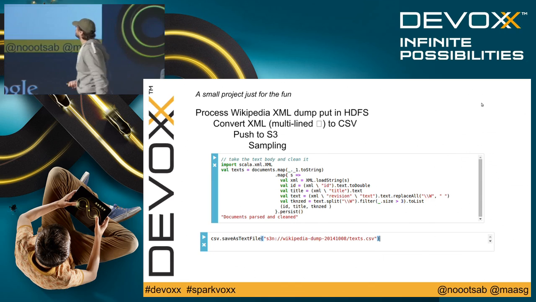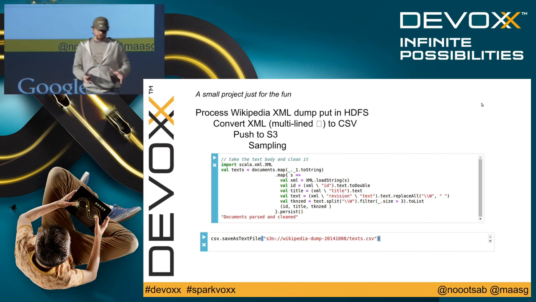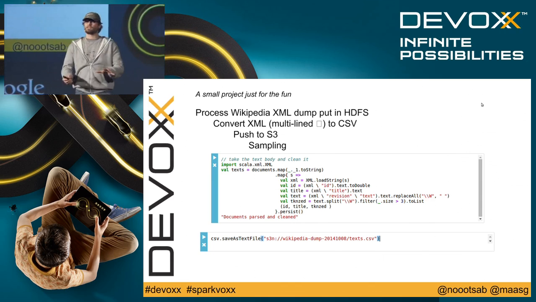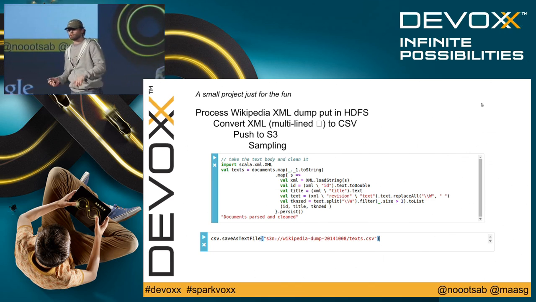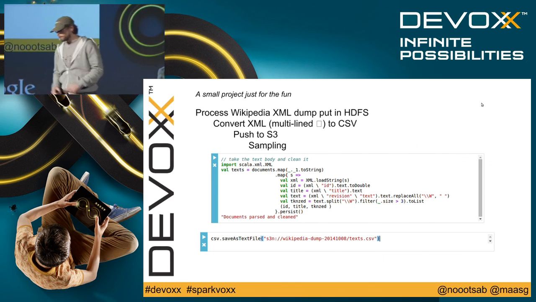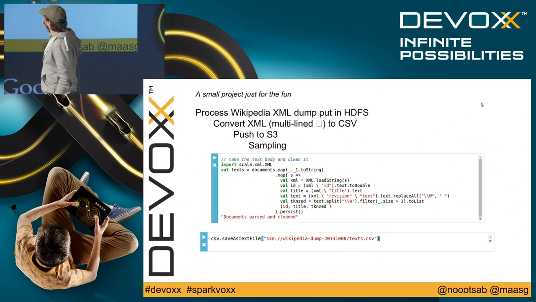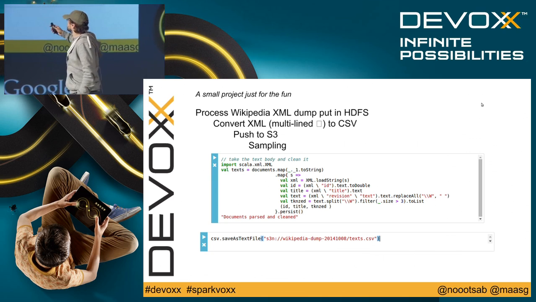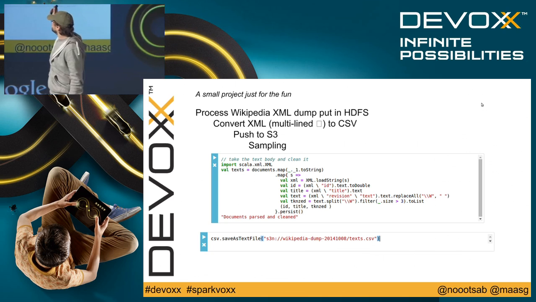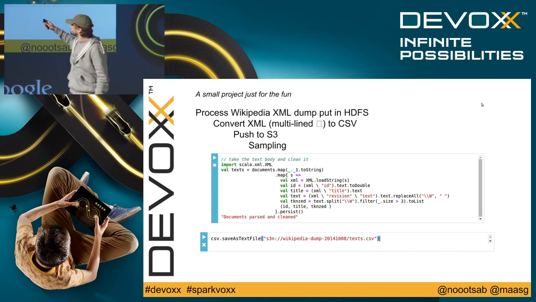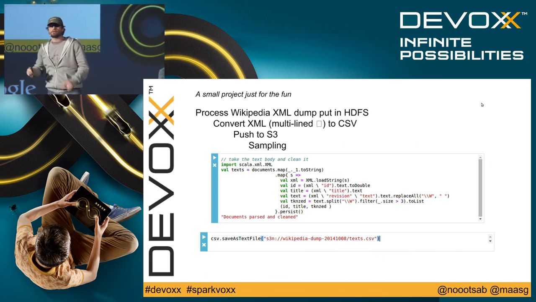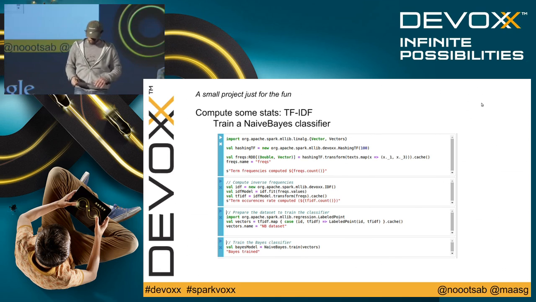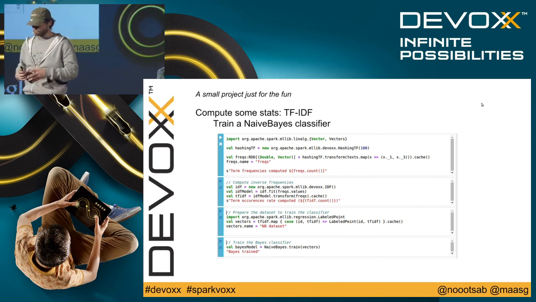It dumps everything into XML, which are multi-line, which is very crappy in distributed environment because your lines are completely spread around the cluster. Anyway, so what we've done is just take the XML, convert the XML in CSV, push it to S3, sampling the data because MLlib has some problem with a high number of features.